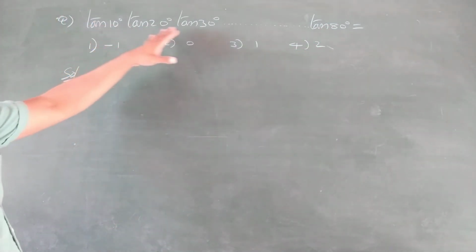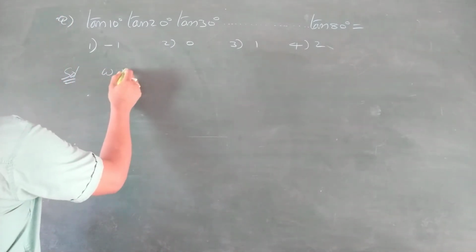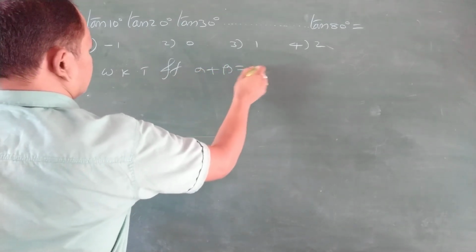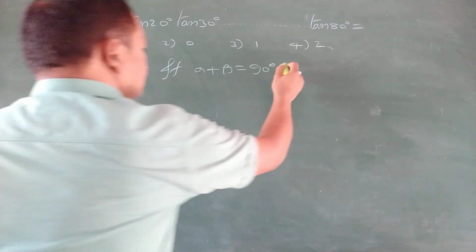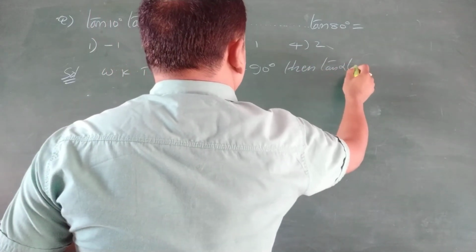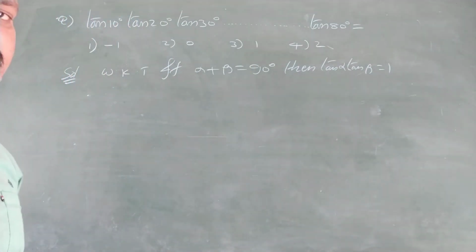We know that if alpha plus beta is equal to 90 degrees, then tan alpha into tan beta is equal to 1, according to the complementary angles concept.